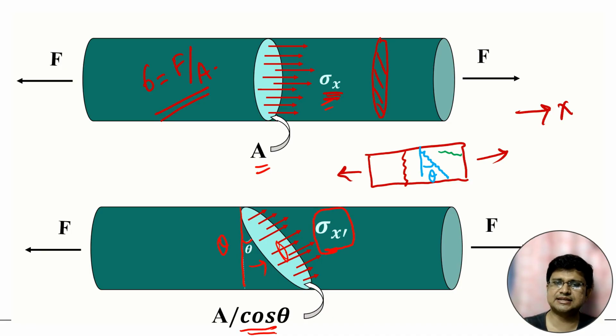Suppose for this case the normal stress is 10 kilonewton per meter square or Newton per millimeter square. But if for a different condition it is 15 Newton per millimeter square, then failure will not occur for this particular condition. Failure will occur for the other condition, because there the normal stress or shear stress is more.